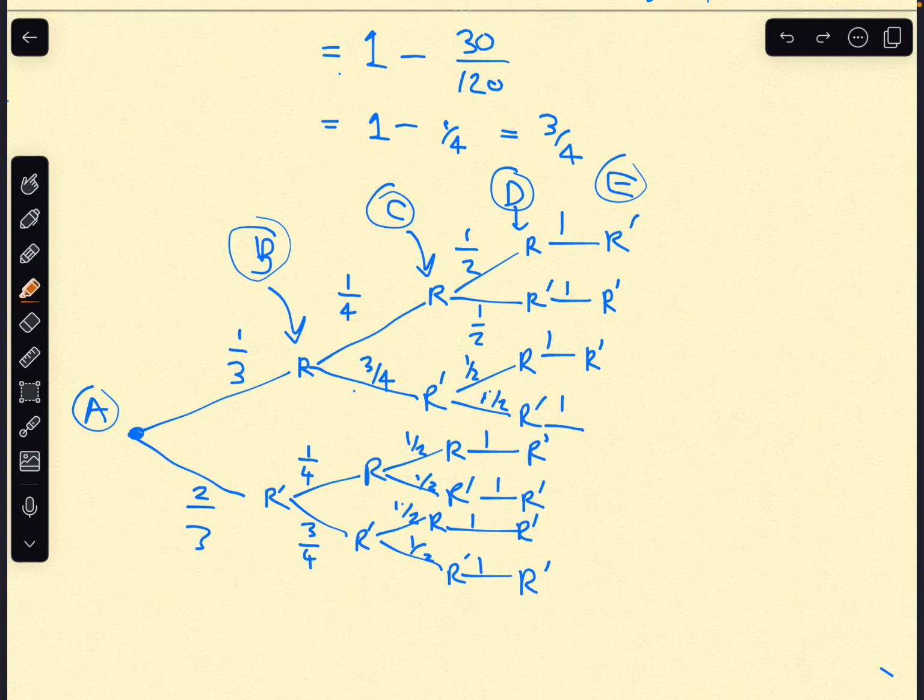Okay, so again, the simplest way would be to calculate the complement. So you would say 1 minus, and then look for the route where there are no roadblocks, right? So it's definitely not along this half of the tree, because the very first road already has a speed block, so this part of the tree is cancelled.